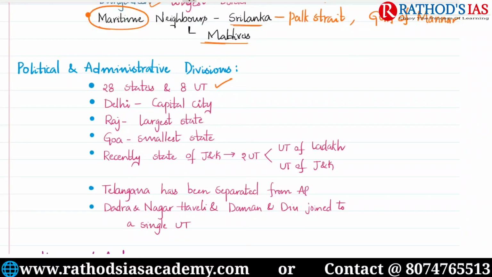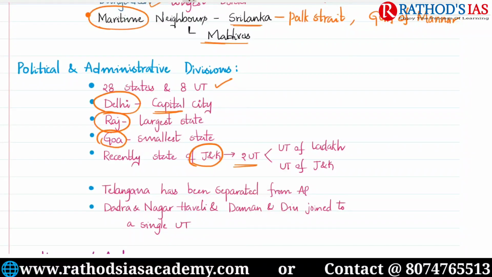We have 28 states and 8 union territories. Which is the capital city of our country? Yes, New Delhi. And which is the largest state? That is Rajasthan. And which is the smallest state? That is Goa.